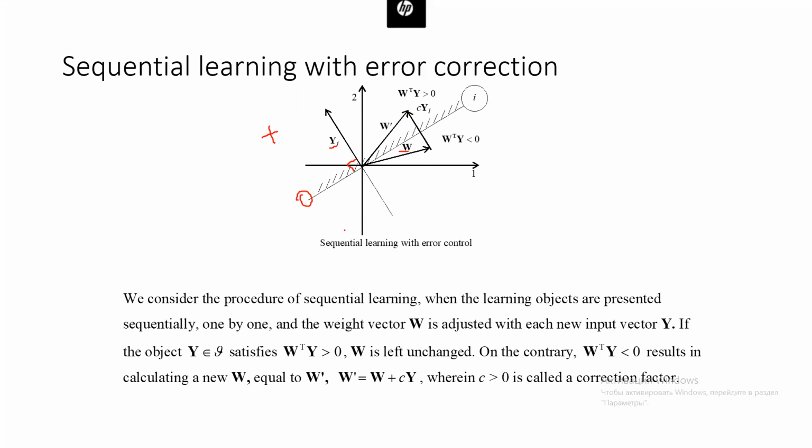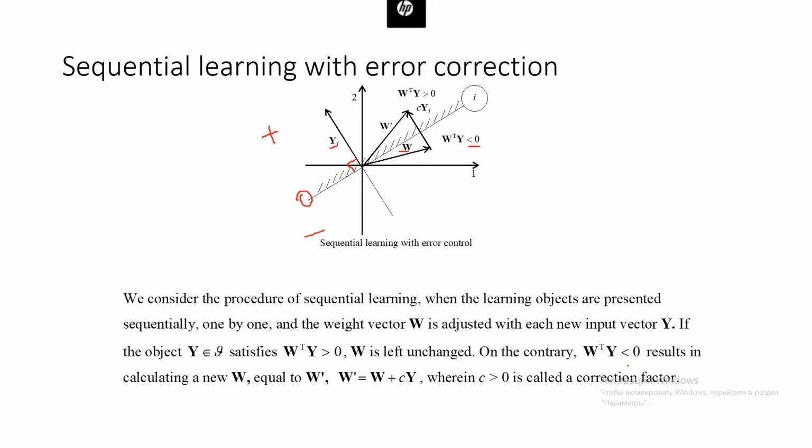Here projection will be equal to 0, and here will be negative projection of our vector. So in this part of the space, the projection of the object to the weight vector will be less than 0.